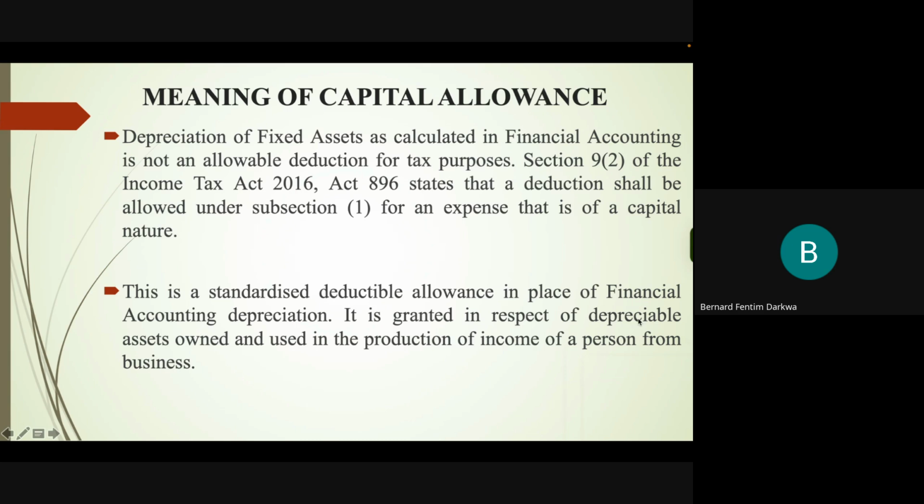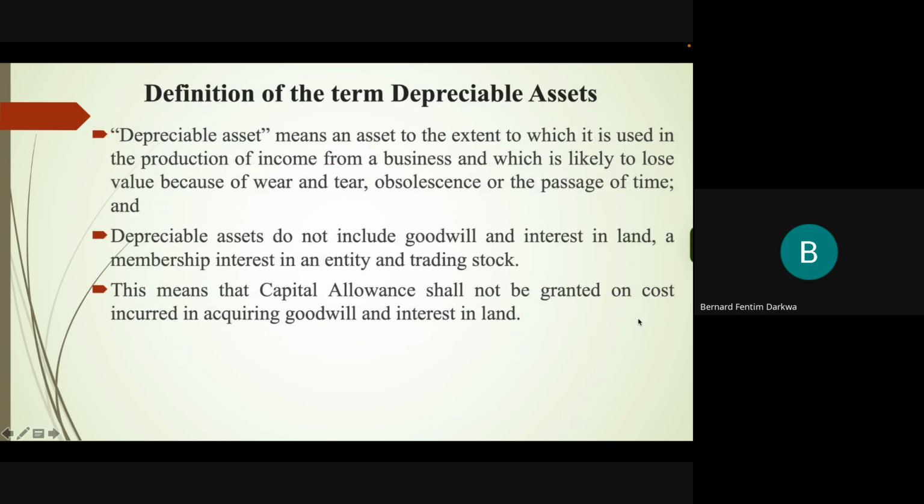So the question is, what are depreciable assets? Depreciable assets means assets, to the extent that they are used in the production of income from a business, which are likely to lose value because of wear and tear, obsolescence, and the passage of time.